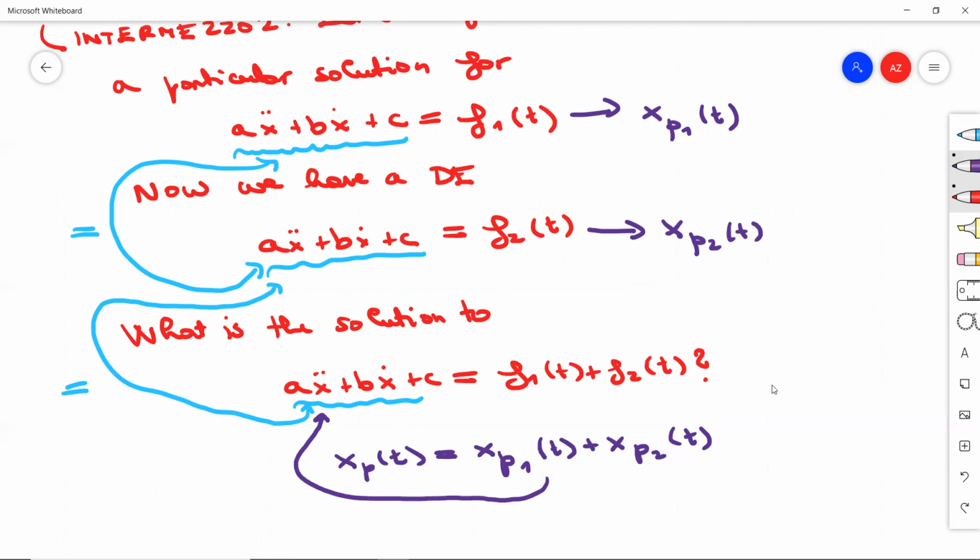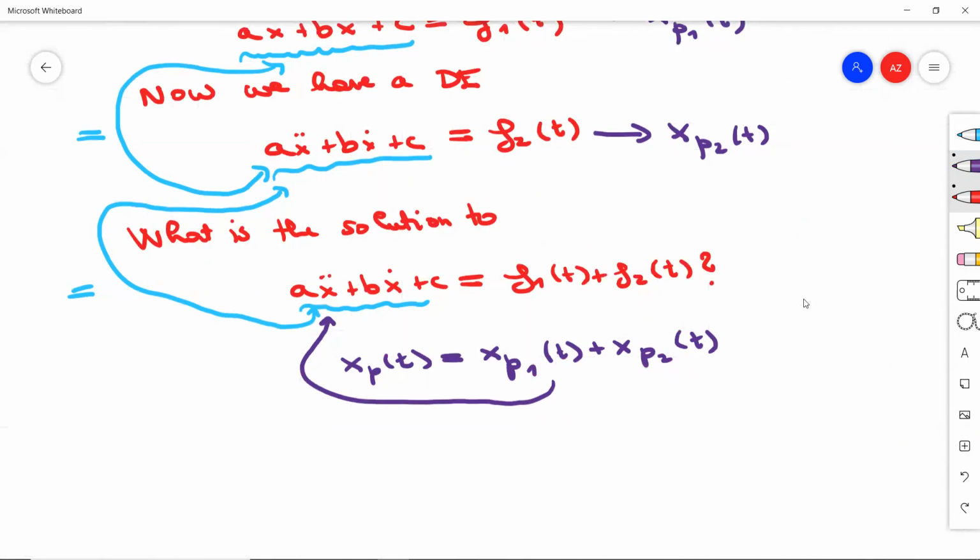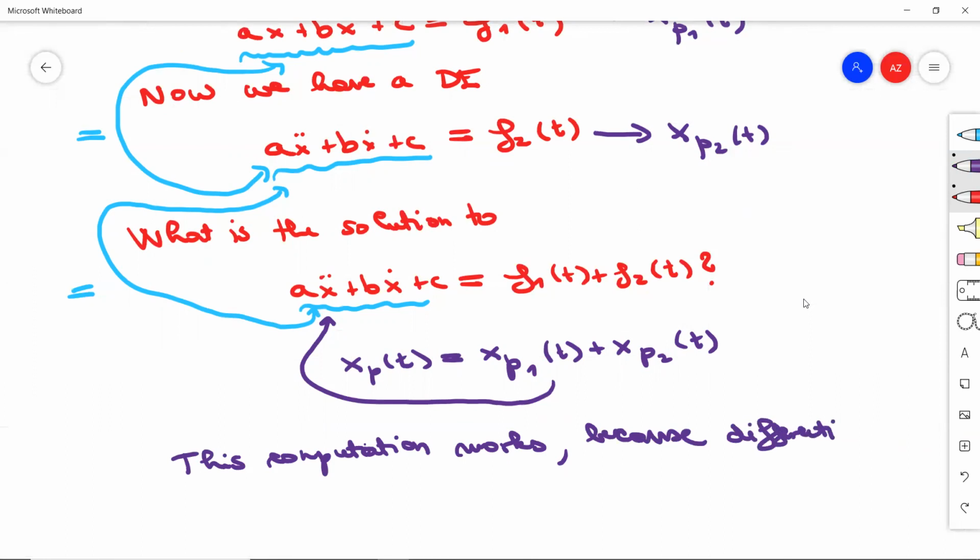So what's the crucial property of differentiation which ensures that this works? Yes, it's linear. So, because of linearity, this computation works because the differential operator, or differentiation operator, is linear.